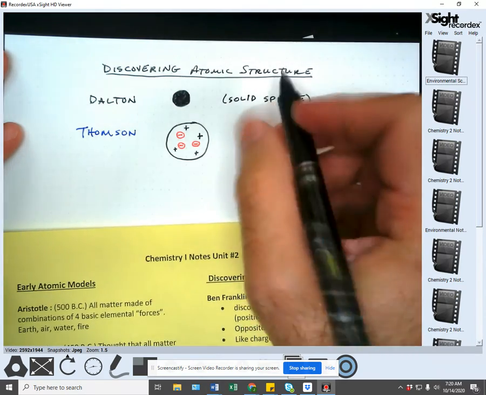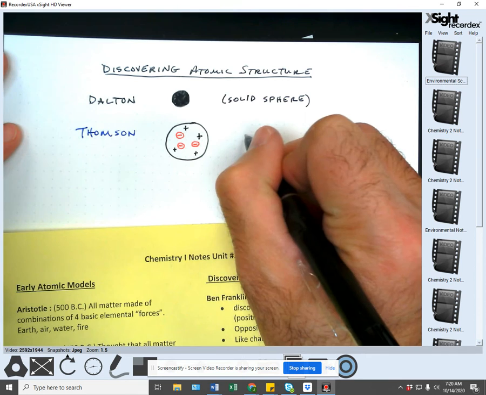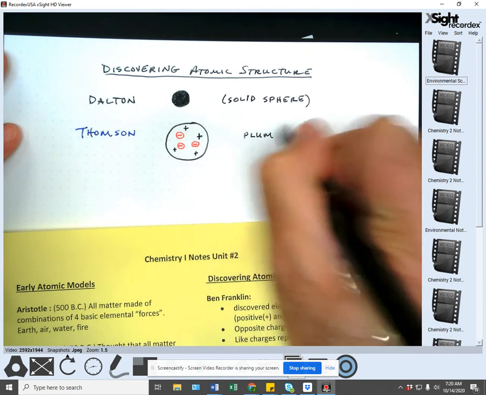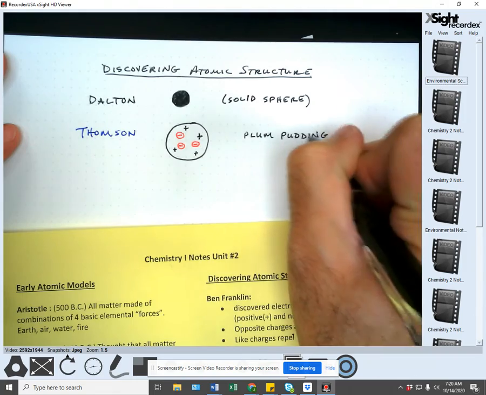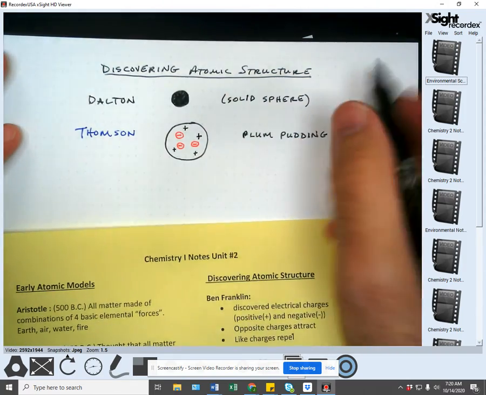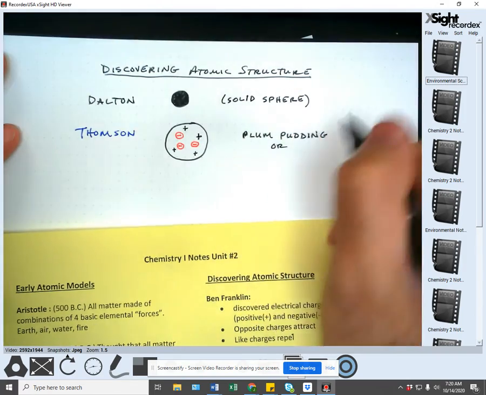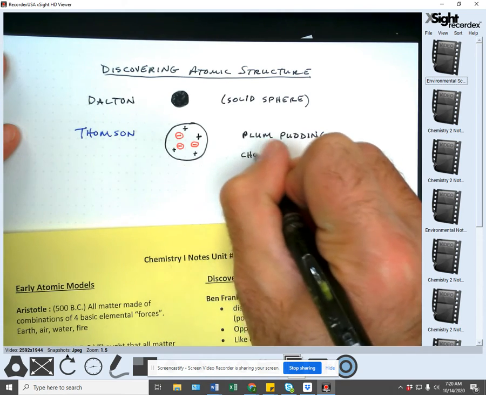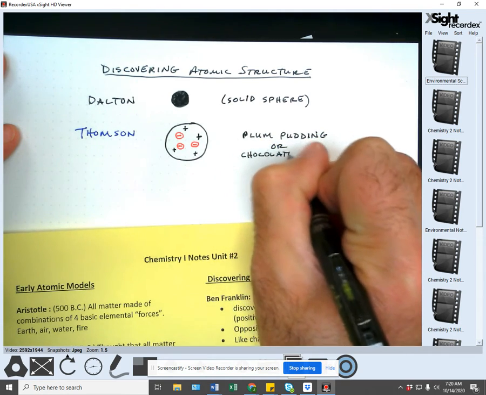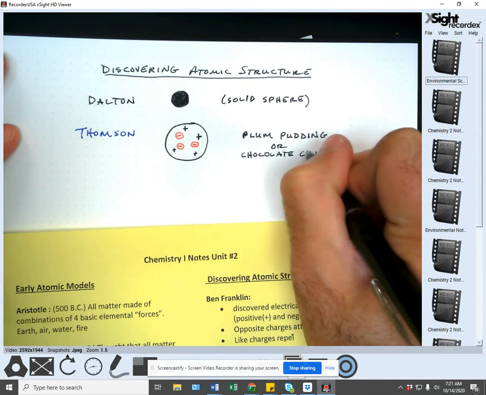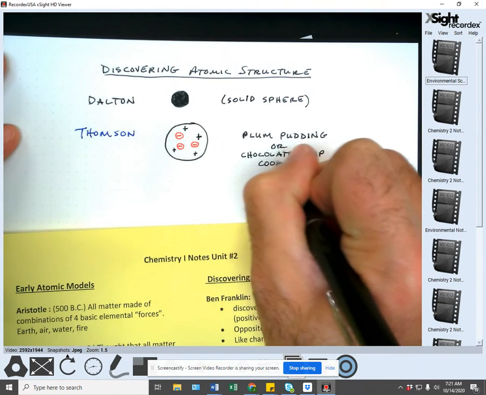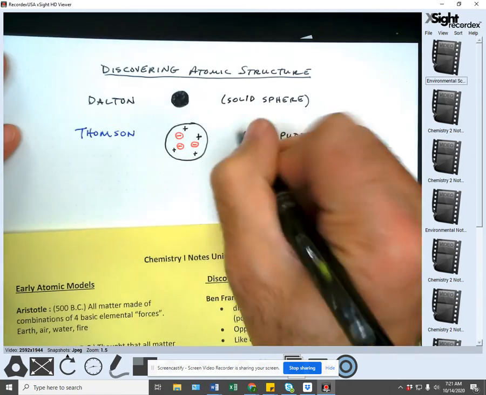This is called the plum pudding model, which is something that only old people know. Or for you guys, the chocolate chip cookie model.